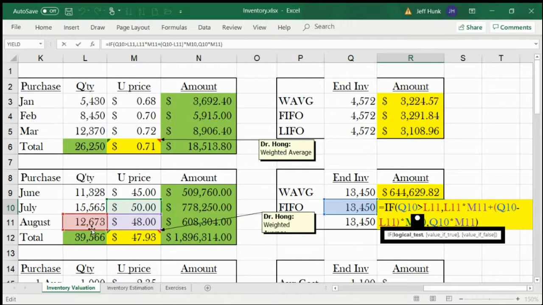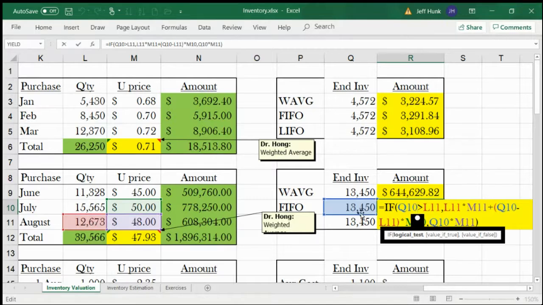If it is greater than this, then you will need to split it. Previously, ending inventory wasn't greater than the purchased quantity in each month, so it was easily done. Here, the other part of the logic will come into play. So if it is greater, then you will have to split it.